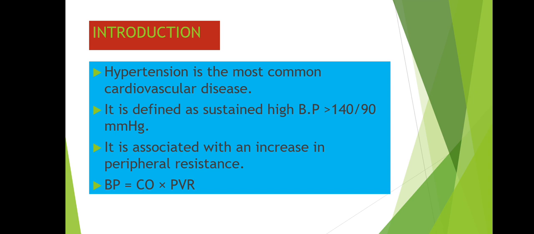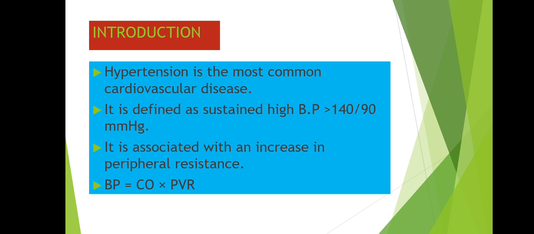So now let's look at blood pressure. We are going to look at two major important figures: cardiac output and peripheral vascular resistance. For us to understand the disorders of the cardiovascular system, specifically hypertension, we must first understand what blood pressure is all about.